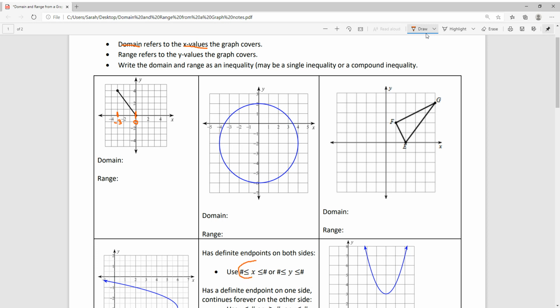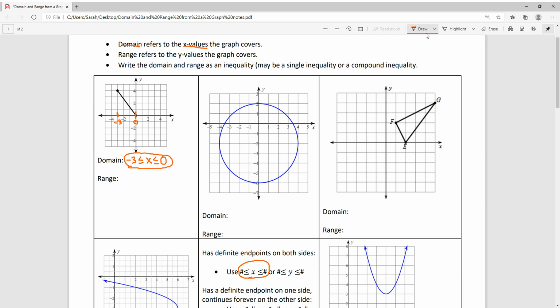It's going to look like this, but we are going to fill in -3 and 0. So my domain is going to look like -3 is less than or equal to x, which is less than or equal to 0. Another way you can say that out loud would be x is between -3 and 0, including -3 and 0. So when you have a graph that does not go on forever and ever, we write our domain and range like that.